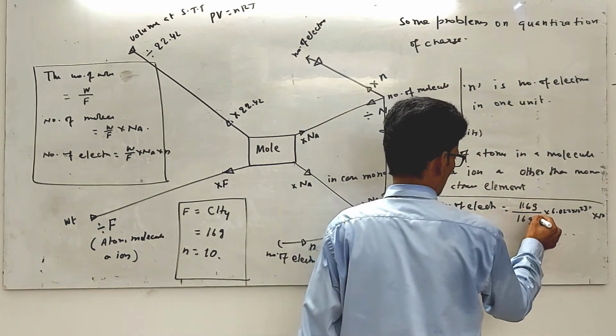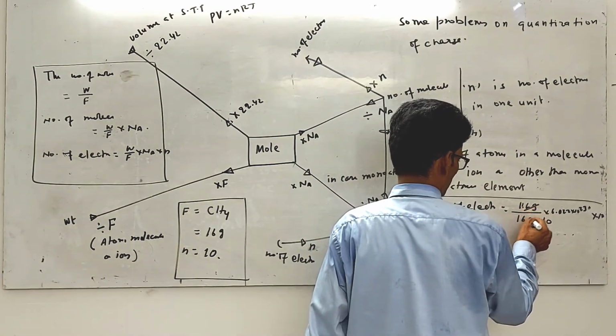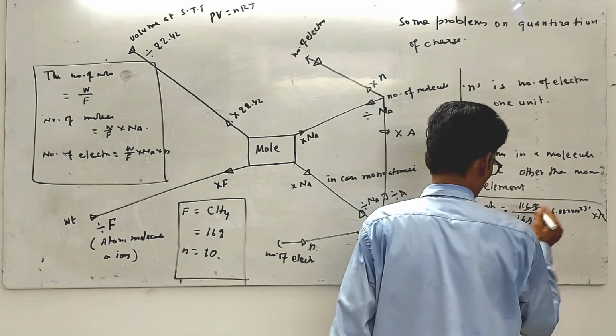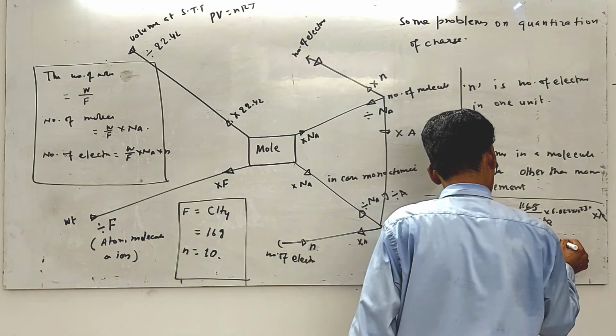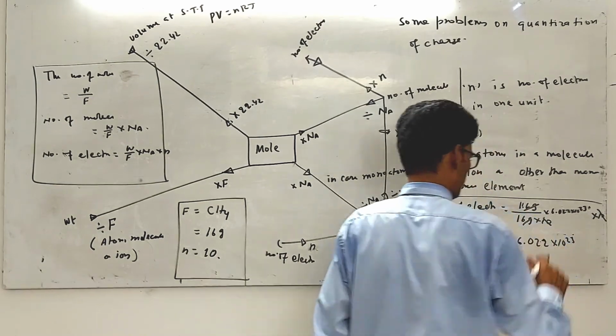So look here, the decimal has been shifted, 16 gram is cancelled, now 10 is also cancelled, and it comes out to be 6.022 into 10 to the power of 20. That much number of electrons.